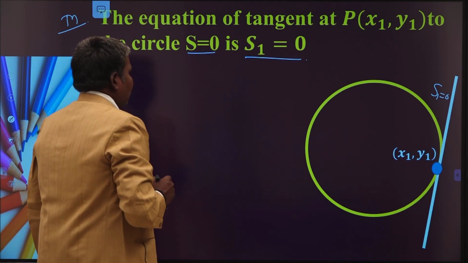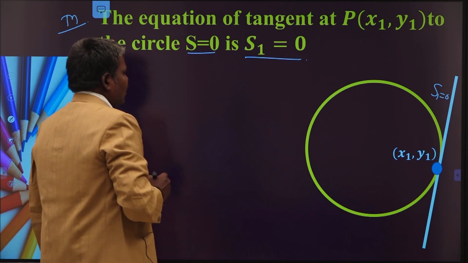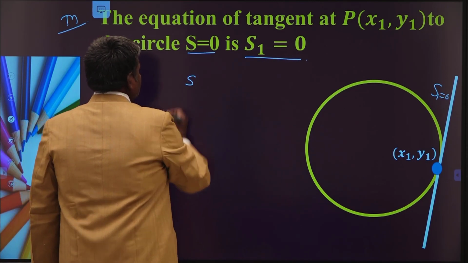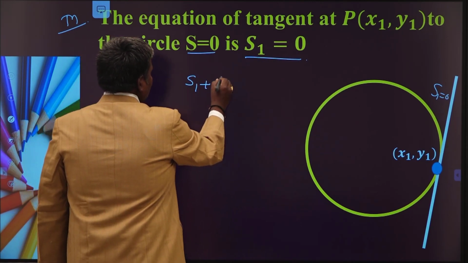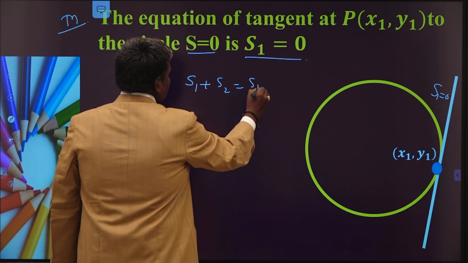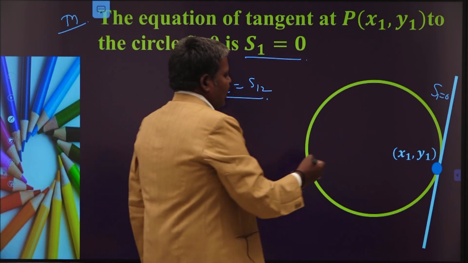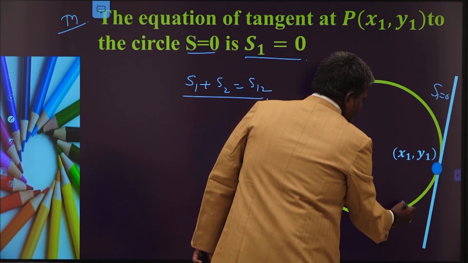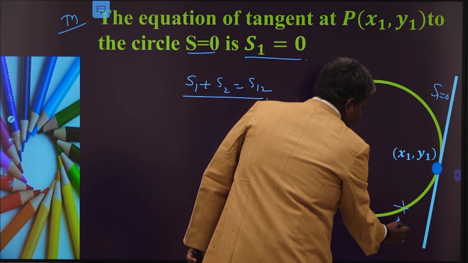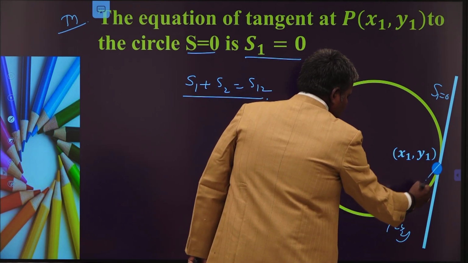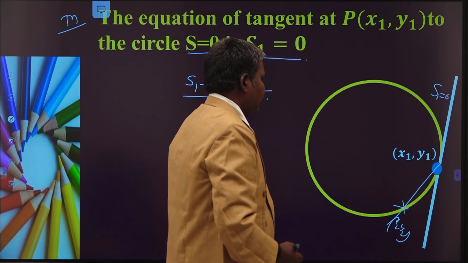All of you know the equation of the chord joining any two points on the circle S = 0: S1 + S2 = S12. Here (x1, y1) is the point. Now I am going to take some neighboring point (x2, y2). This becomes a chord of the circle.